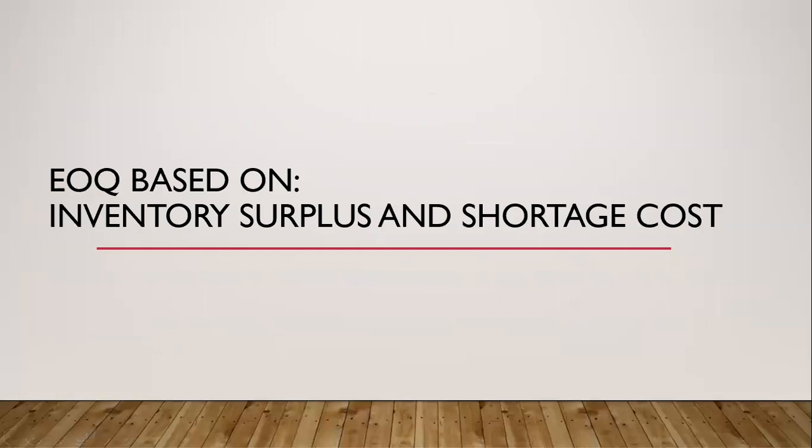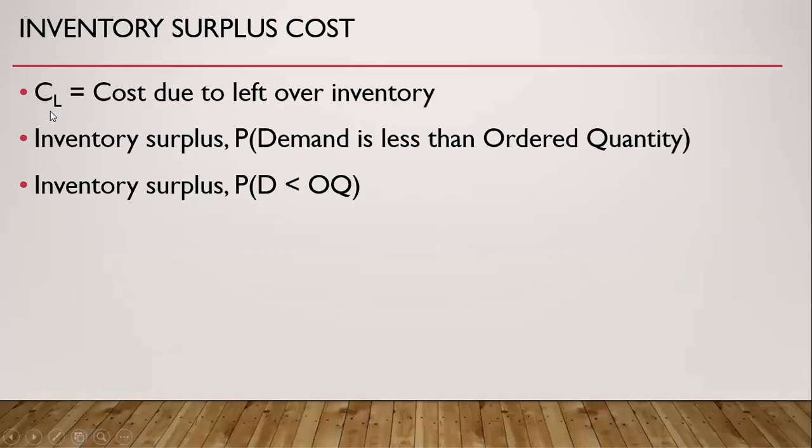Now, the second approach to calculate economic order quantity is balancing the inventory surplus and inventory shortage. Let us say CL is the cost due to leftover inventory when there is inventory surplus. Inventory surplus is there when market demand is less than the ordered quantity, so we are left with inventory.